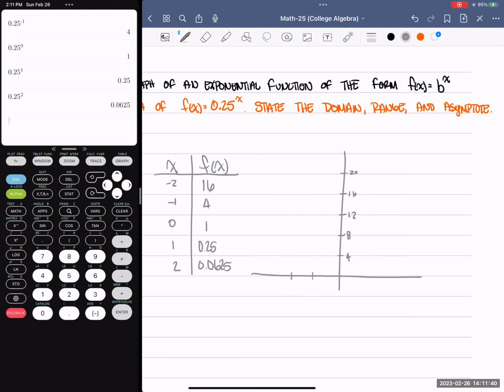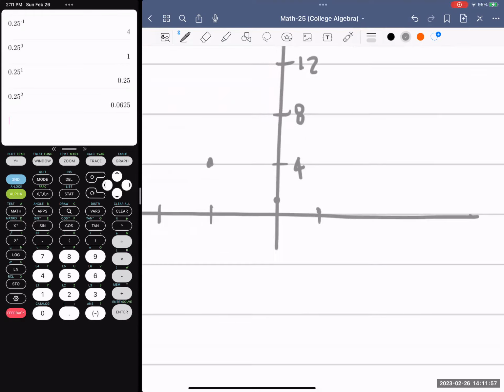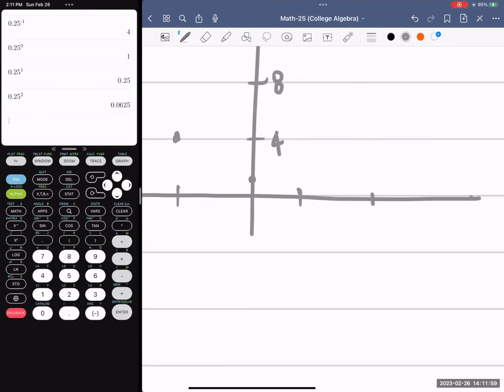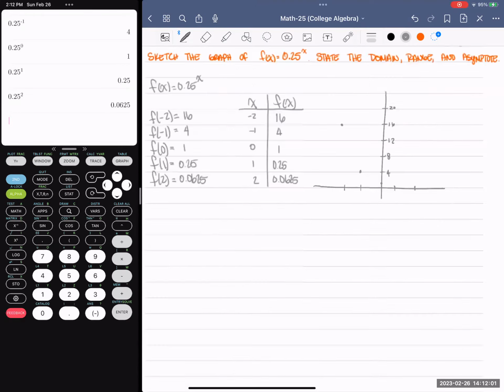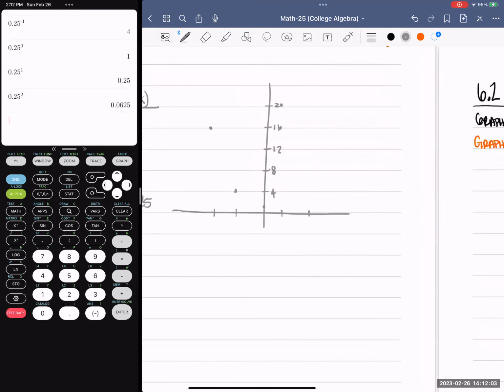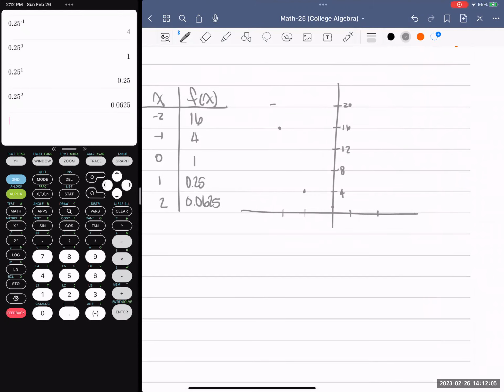All right, so -2 was at 16. -1 was at 4. 0 was at 1. 1 was at 0.25. Let's see if we could zoom in super close because 2 was at 0.0625. And our graph went from having really, really high numbers to really, really low numbers.